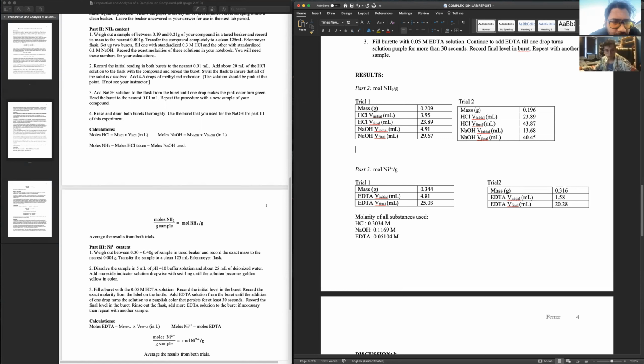So moles of HCl, moles of NaOH, and then moles of NH3 is the moles of HCl minus the moles of NaOH.